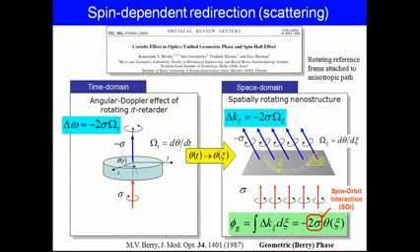Then, instead of theta as a function of time, we can write theta as a function of the path, as a function of xi. And instead of a Doppler shift in the frequency domain, we will have here a spin-dependent deflection or spin-dependent momentum shift, delta k, proportional to omega_xi. Omega_xi is the gradient of theta, which is the spatial rotation rate of the structure. Integrating it results in the Berry phase, which is a geometric phase proportional to theta, the orientation function of the structure.